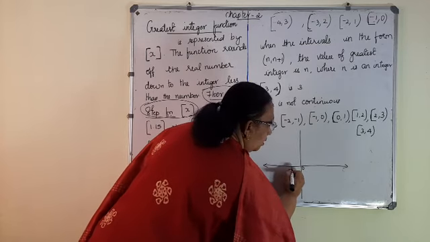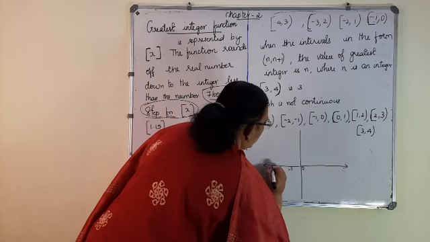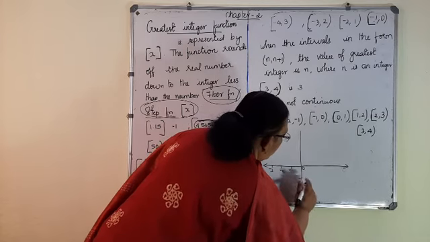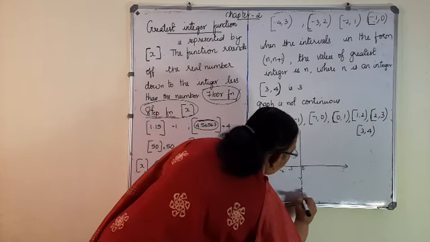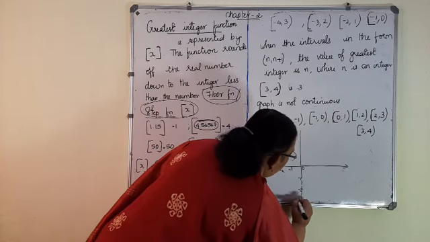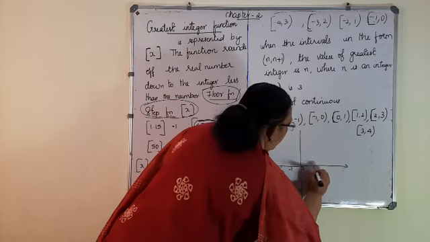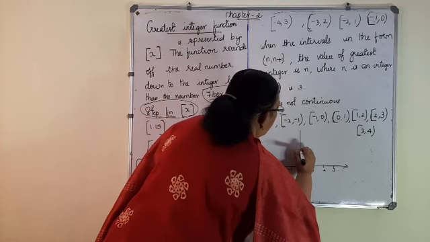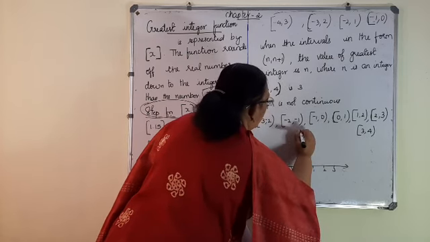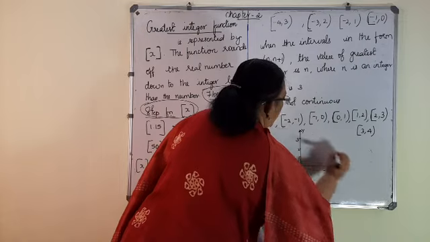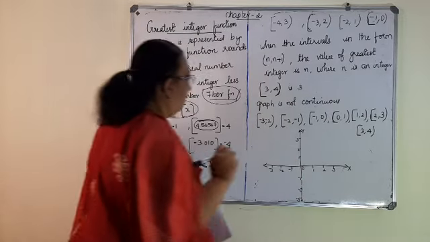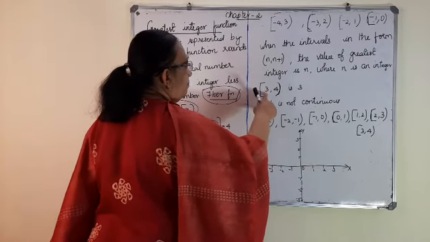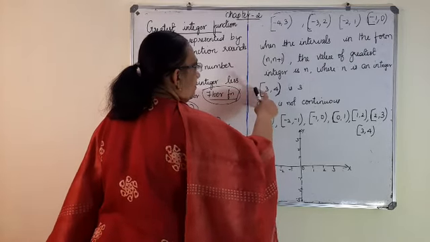The greatest integer in the interval 3, 4 is 3.